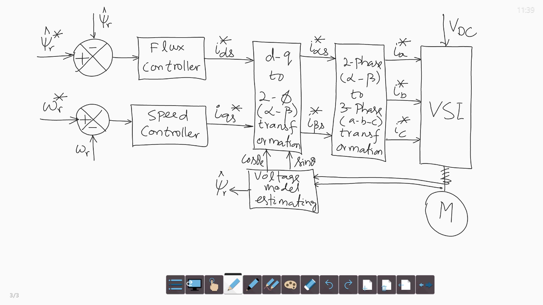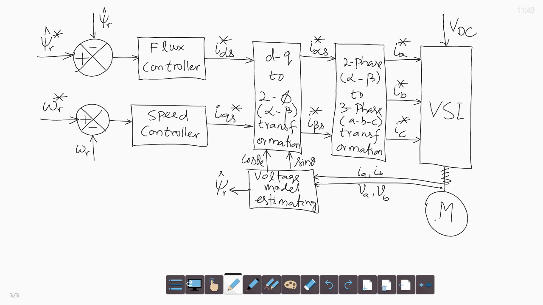So, at least we require 2 currents because it is a 3 phase system, 2 currents are sufficient. So, let us write IA, IB 2 currents and VA, VB 2 voltages are required. 2 voltage sensors and 2 current sensors will be there giving feedback signals to the estimation block which estimates the unit vector and rotor flux psi r.